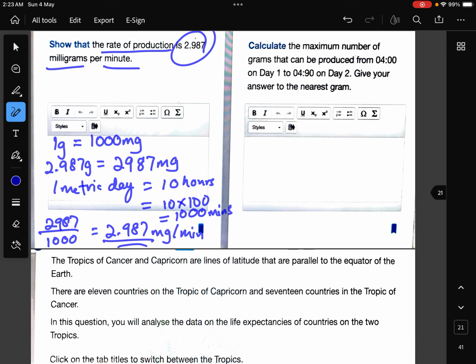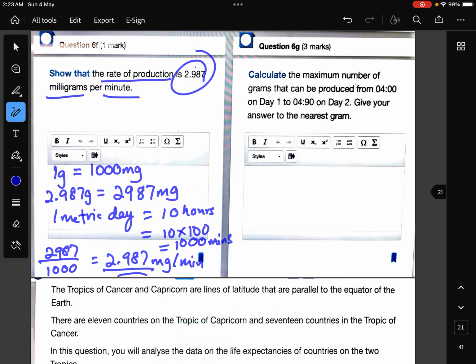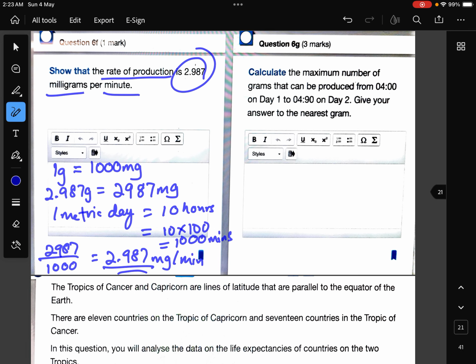Okay. All right. So let's move on to question 6G, and it says calculate the maximum number of grams that can be produced from 4 in the morning on day 1 to 4:90 on day 2. Okay, so watch out for this.